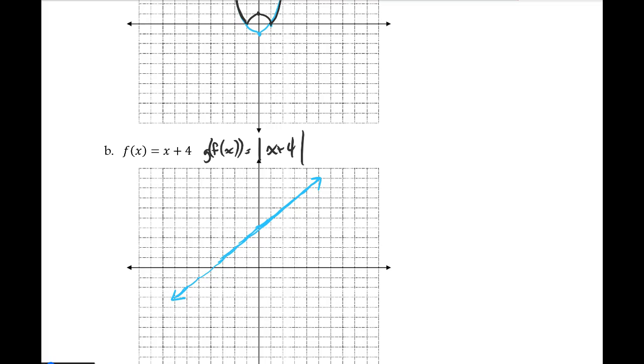Pretty wavy. Imagine it straight. Again, that absolute value only starts to impact my graph when my graph becomes negative. And so I'm going to see it just go upwards instead, that reflection. But this whole side should be the same. This is already positive. And again, I should be labeling my scale on all of these.